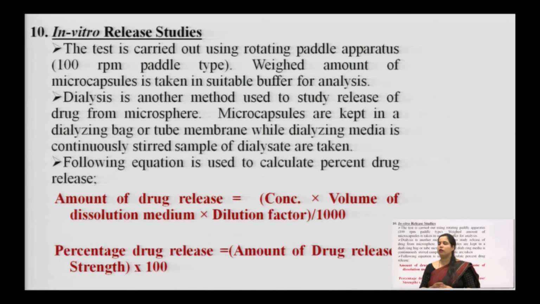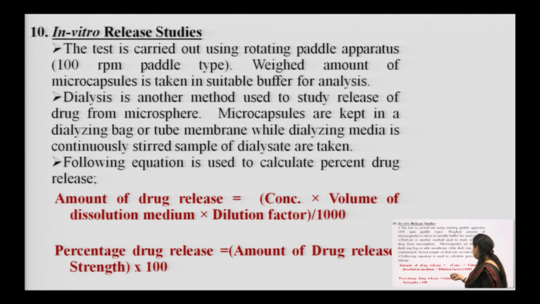If you are not adding, then you have to put in the dilution factor at every interval, because in 900 ml when you take 5 ml, it will become 895 ml, right. So, accordingly the dilution factor will be calculated.